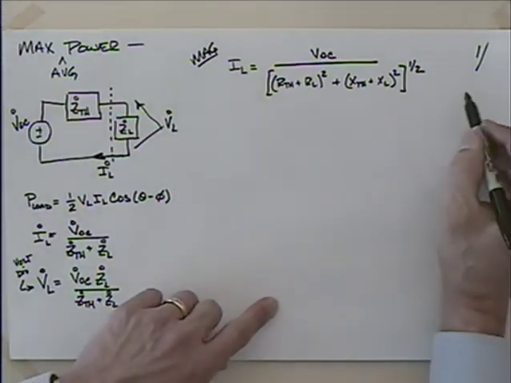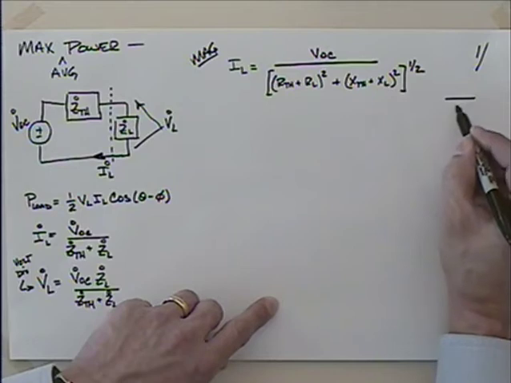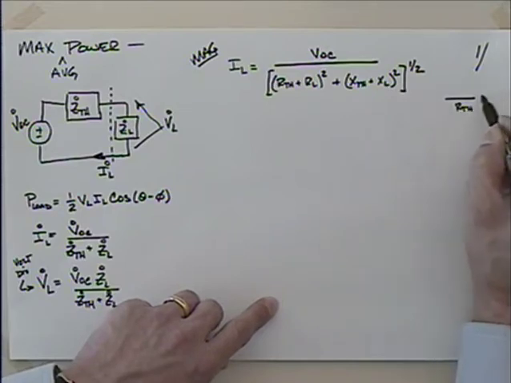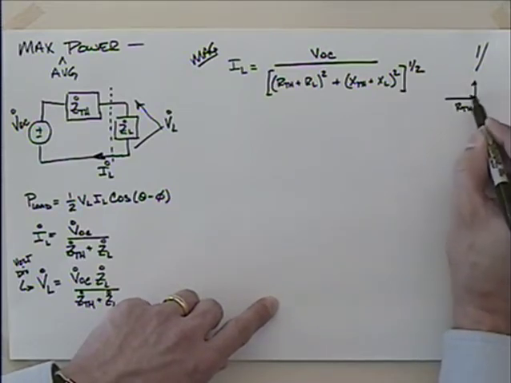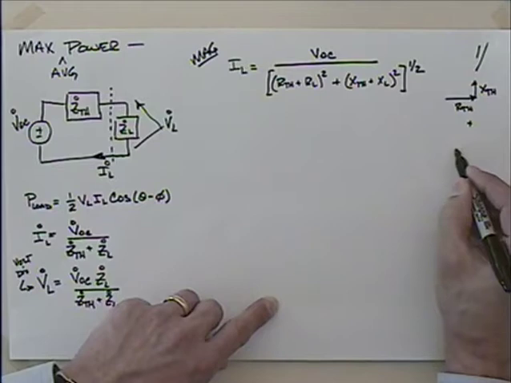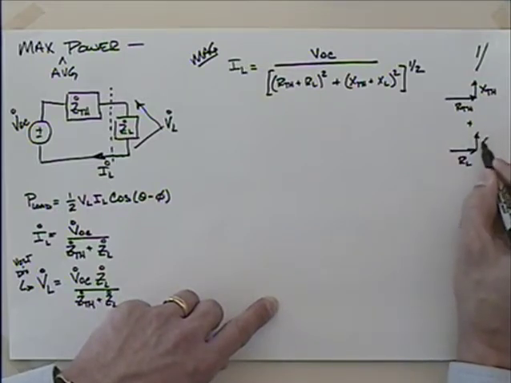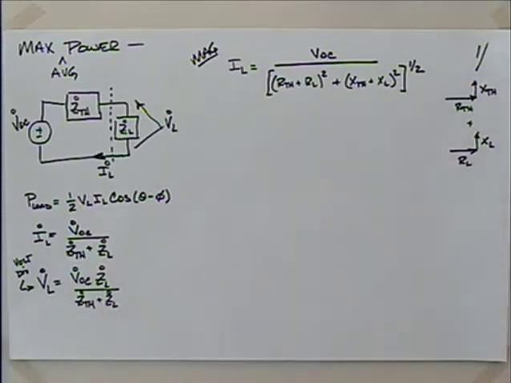Now, if you imagine that you have this triangle here where you have R Thevenin, and then you have X Thevenin, and you want to add it to this one over here that you have RL and XL, and it looks like both of those are inductive. I mean, you could think of one as one and one of the other, but that's what you'd have. You're just going to add those using the Pythagorean theorem.